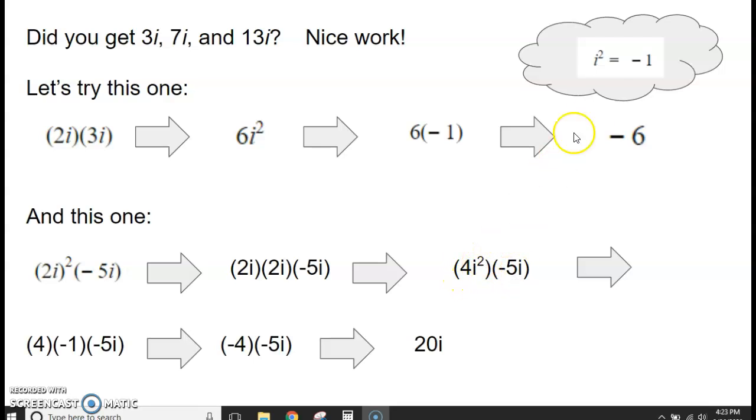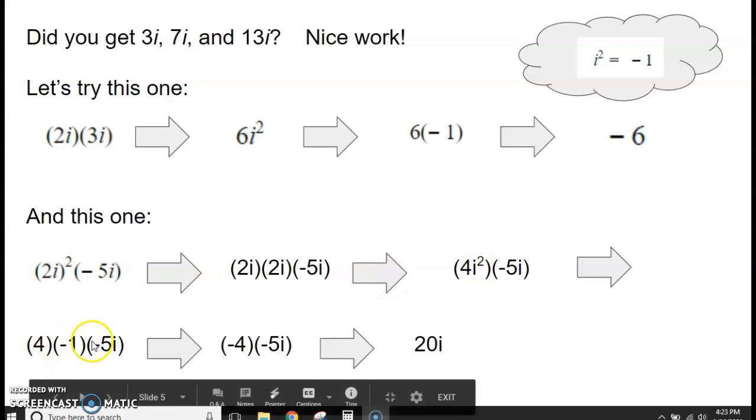So I would take that negative 1 and put it in down here where the i squared is. So I get 4 times negative 1 times negative 5i. 4 times negative 1 is negative 4. Negative 4 times negative 5 is 20, and then the i is following along. So this up here simplifies to 20i.